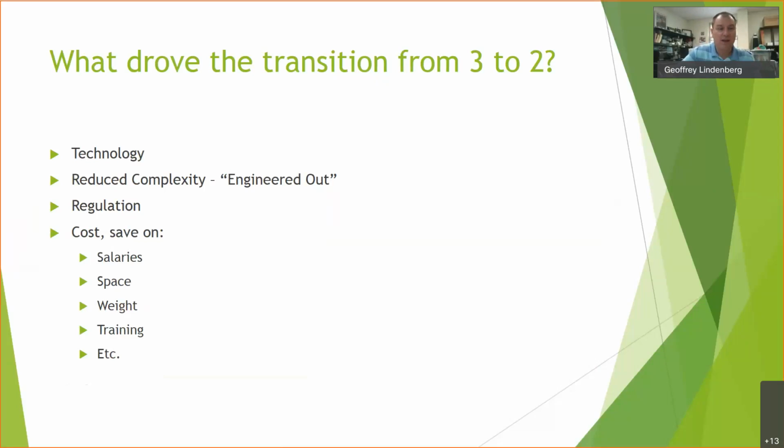Once we proved that this technology could essentially do the job that a third person used to do, the regulations surrounding the aircraft and the design of them and operations were changed to allow a two crew aircraft. And that was a big deal to make those changes.